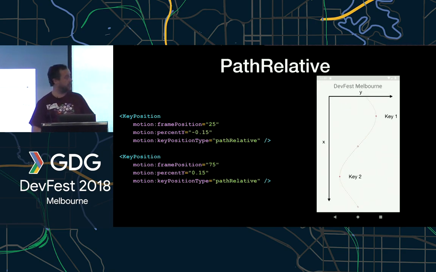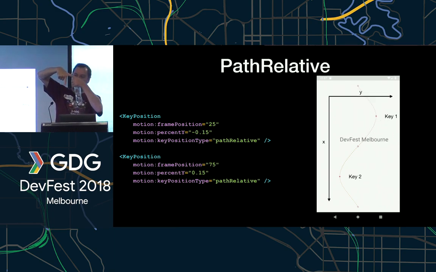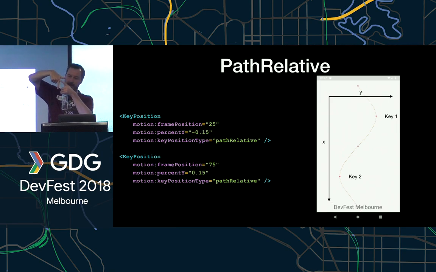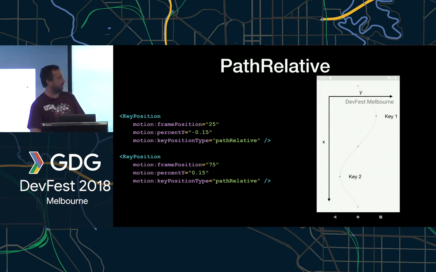But path relative depends on the orientation of your transition. So here we've got the widget going from the top of the screen to the bottom of the screen. If you can imagine your fingers pointing in the direction where the widget's going to go, this is now going to be the x-axis, and this is now the y, rather than horizontal and vertical.